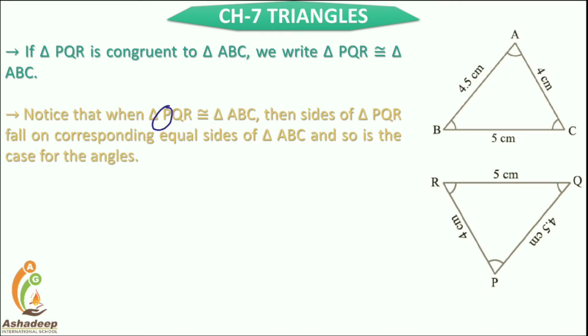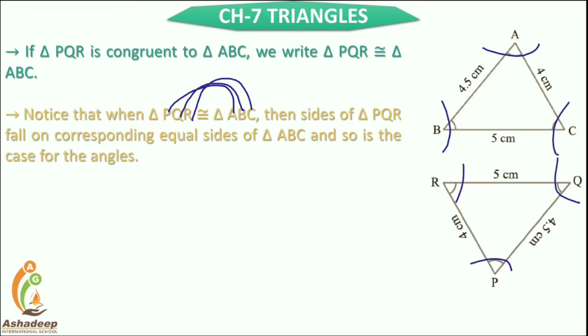If the congruence is P with A, Q with B, and R with C, then A is congruent with P, B is congruent with Q, and C is congruent with R. So these are the corresponding angles, we can say.